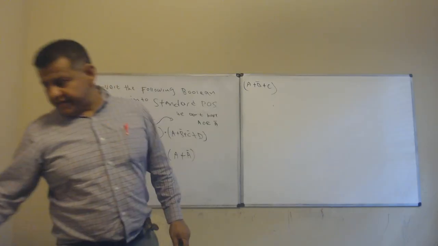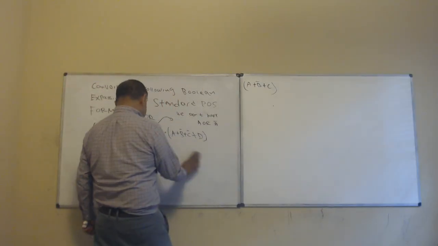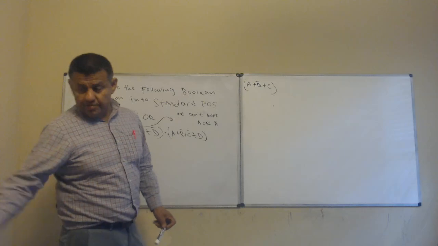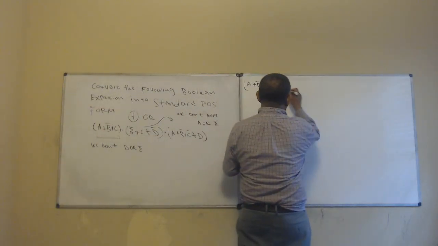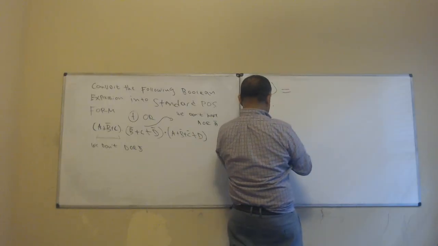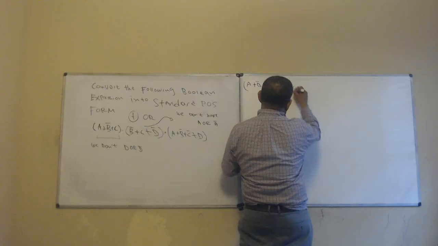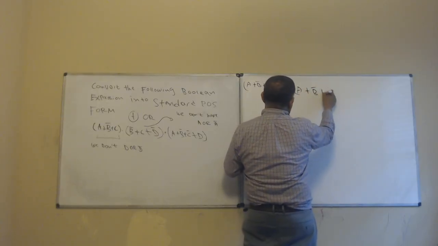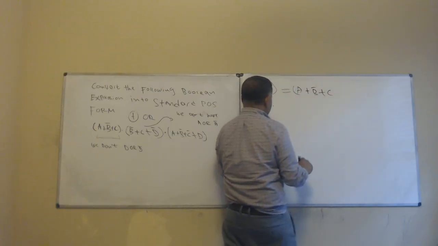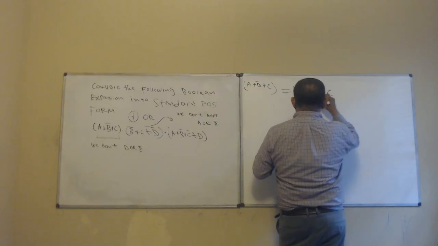Last time we multiplied, right? This time we need to add a term here. So, okay, we can say that in this case, A plus not B plus C plus another term, right?